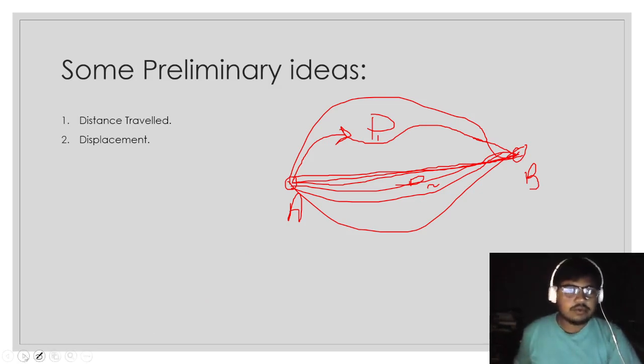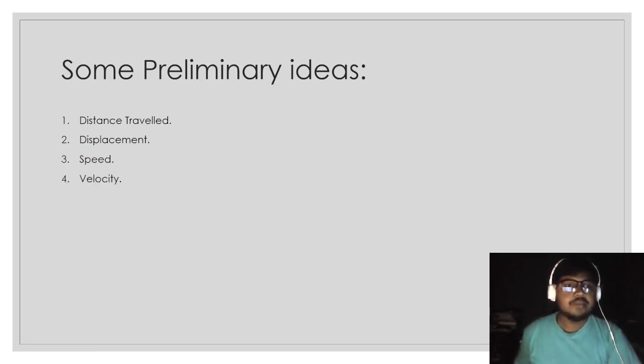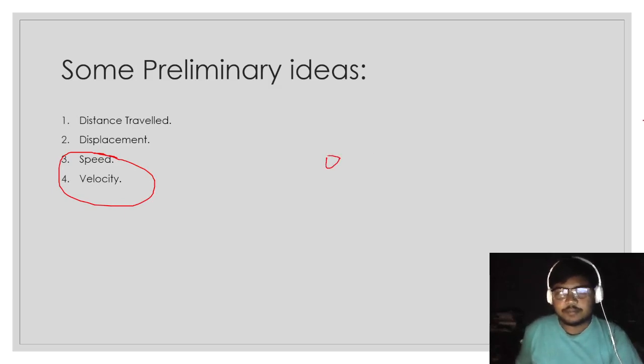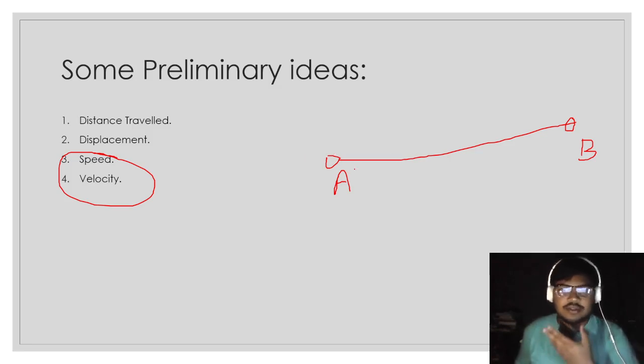Now consider the other two, that is speed and velocity. Remember, in the previous slide we talked about two different points A and B. In the case of velocity, let's take it as a straight line, although it doesn't seem like that, but consider it.